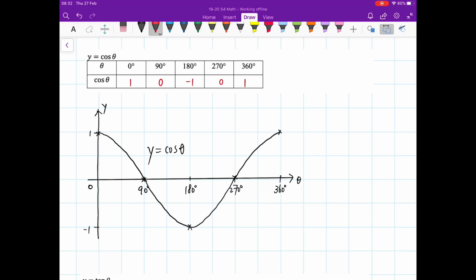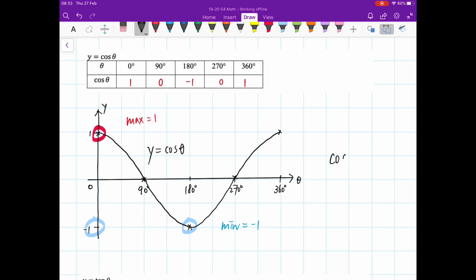Again, the same questions. Where is the maximum point and where is the minimum point? You can find it out for yourself. It is here and here. As you can see, I will mark it down. For the maximum point, it is 1, and the minimum point is equal to -1.